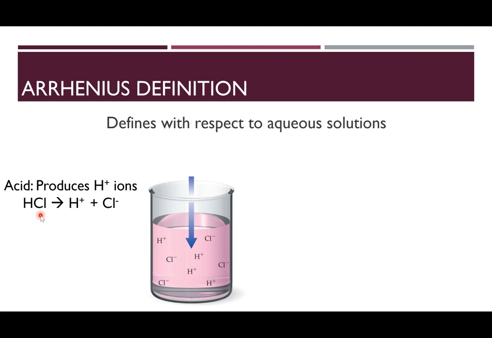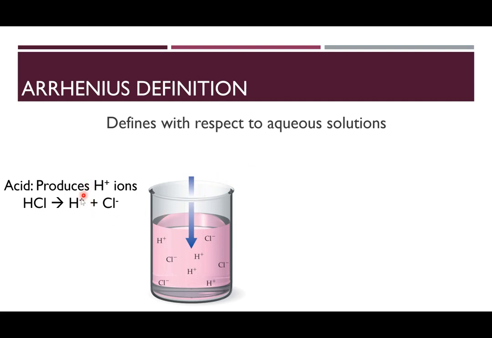So we'd have HCl, no ions before we put it in water. So we've got a beaker up here of just pure HCl. We dump it into water, and those two ions will dissociate or break apart.